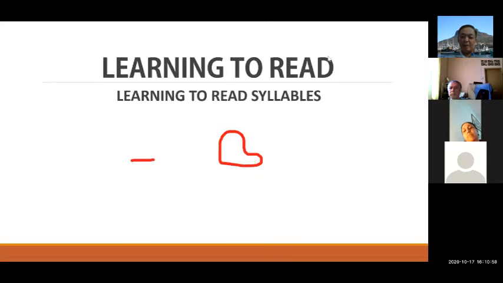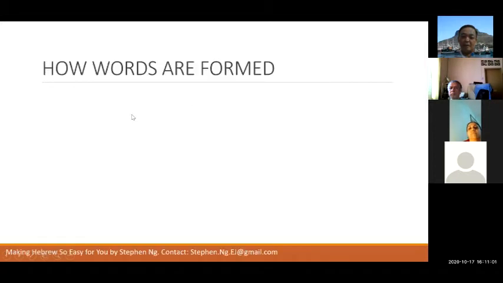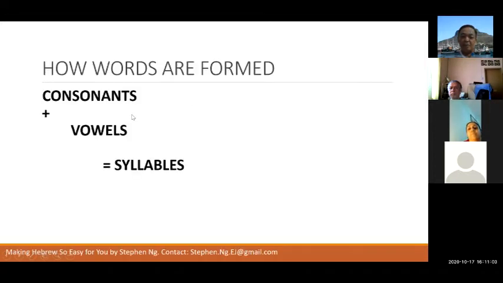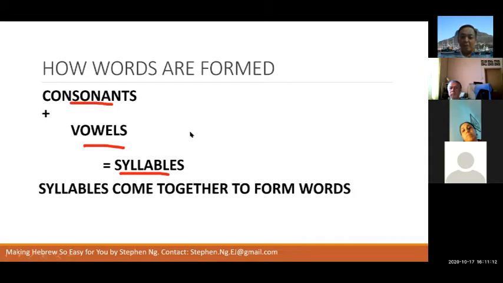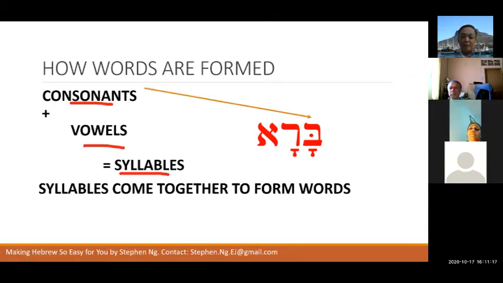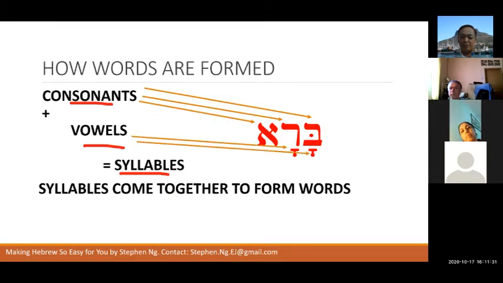Now let's look at the syllables. How are syllables formed? Syllables are formed with consonants and vowels. When you put the syllables together, they form words, and when you put the words together, you will actually get a full sentence. Like here in this case, the word is bara. There are three consonants here, and then the nikud or the vowels are here.